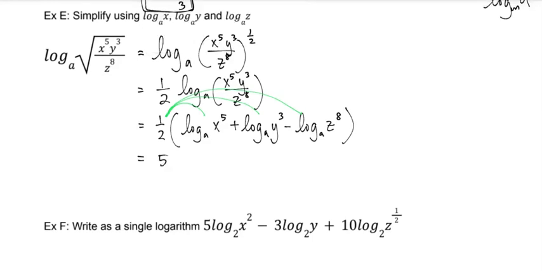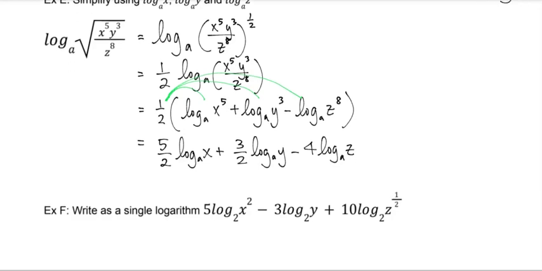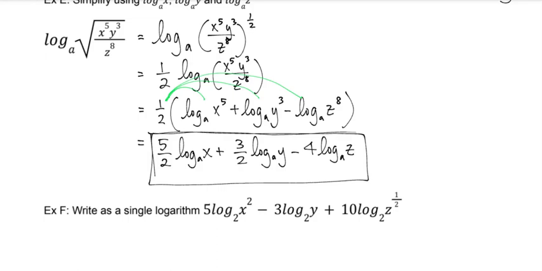So 5 over 2 log base a of x plus 3 over 2 log base a of y minus 4 log base a of z, because 8 divided by 2 is 4. And now I have my log base a of x, log base a of y, log base a of z. Nothing is interfering inside of the argument, so this is done. Okay.